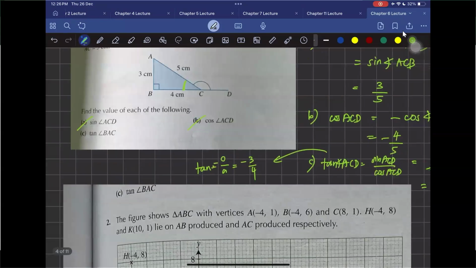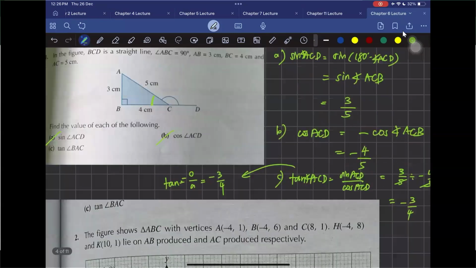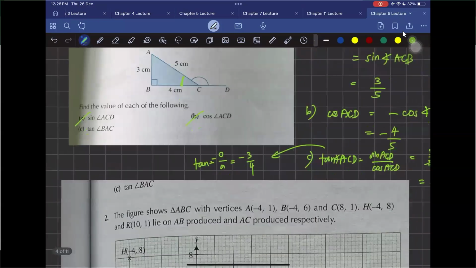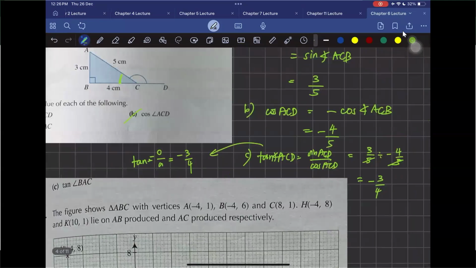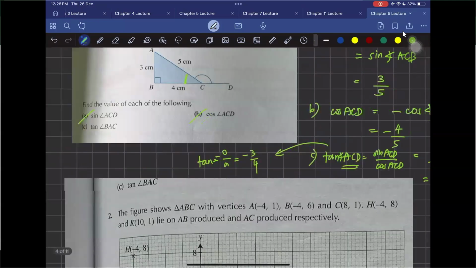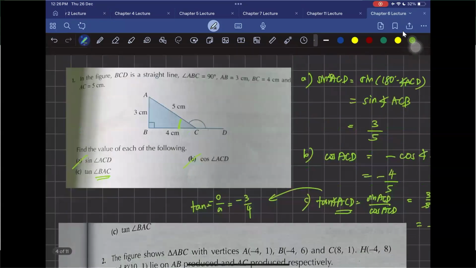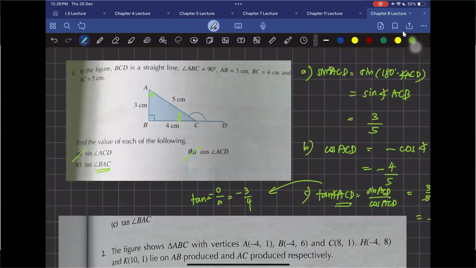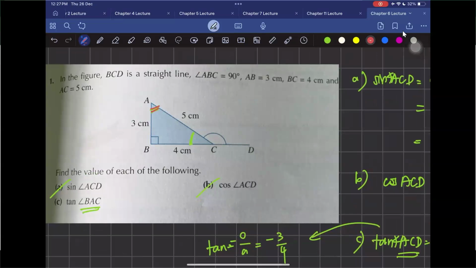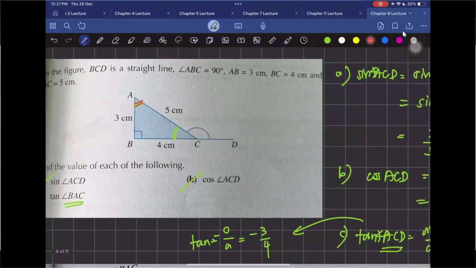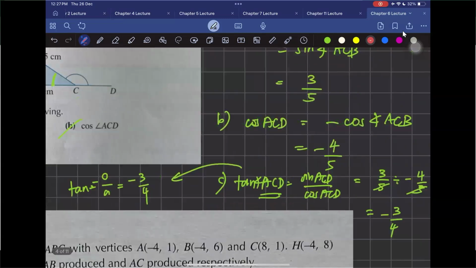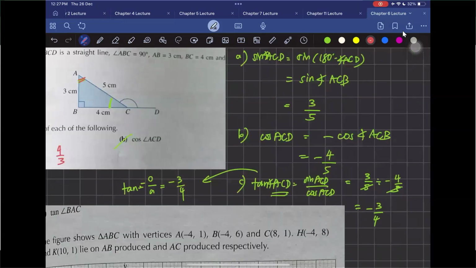Okay, and then before we carry on, the question this part is ACD, right? But the question is asking for BAC. BAC is this angle. So when it's BAC, you should be straightforward. So your opposite is 4, adjacent is 5. So, and this is an acute angle, so it's 4 over 3. Okay? This is just an example of what it would be for an obtuse angle.